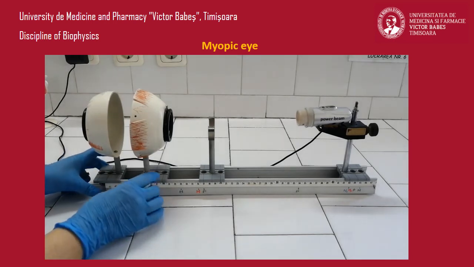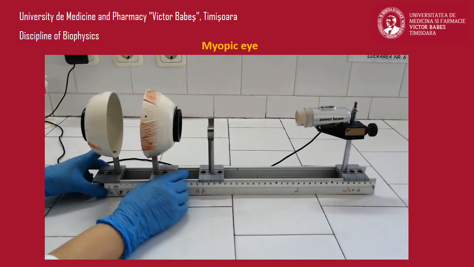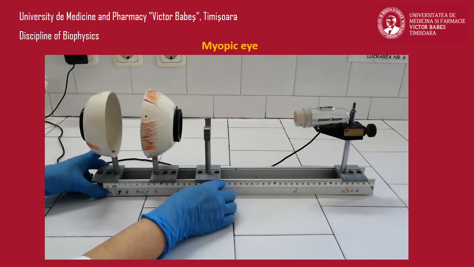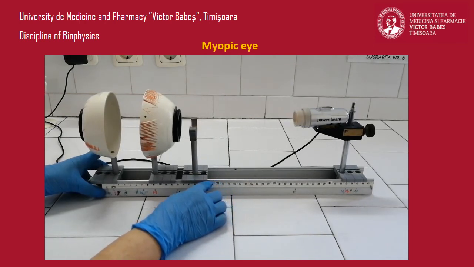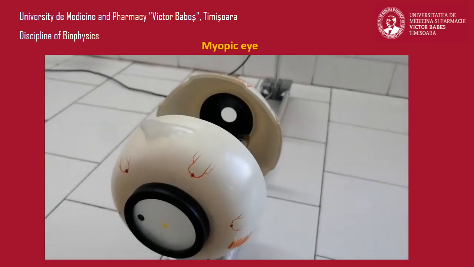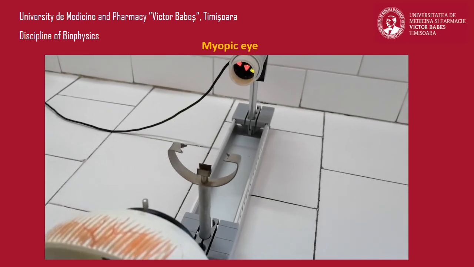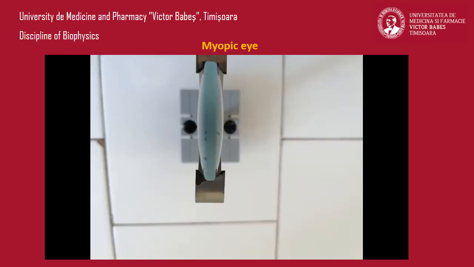To study image formation in the myopic eye, place the holders for the anterior and posterior hemispheres as well as for the light source next to the corresponding M letter. Place the lens with maximum convergence in the holder of the anterior hemisphere.